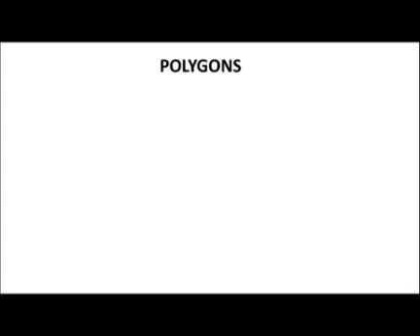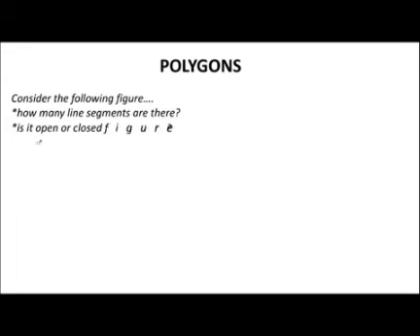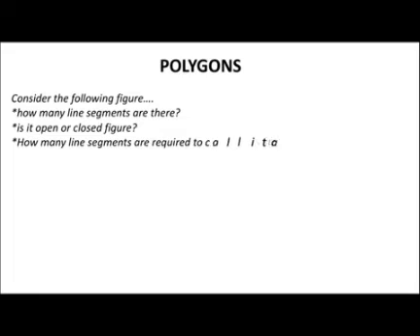Now, in the previous figure, the closed curve was made up of a curve and not a straight line. Now, let's see what a polygon is. Consider the following figure. In that figure, let's see how many line segments are there, whether it is an open or closed figure, and how many line segments are required to call it a closed figure.